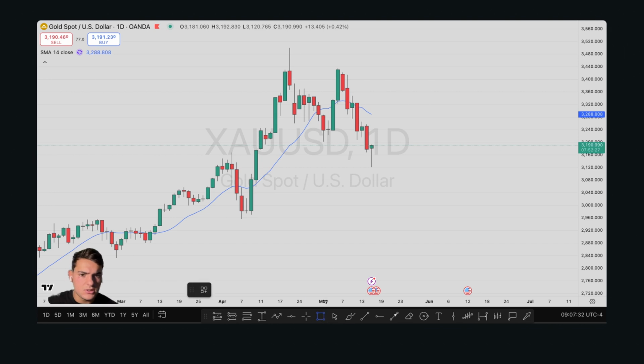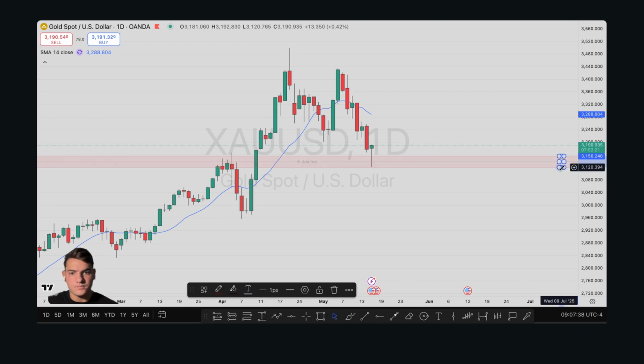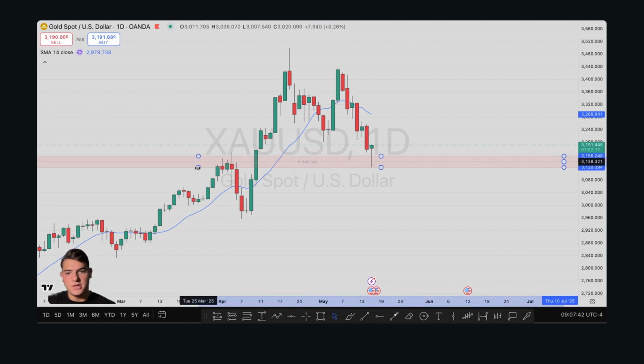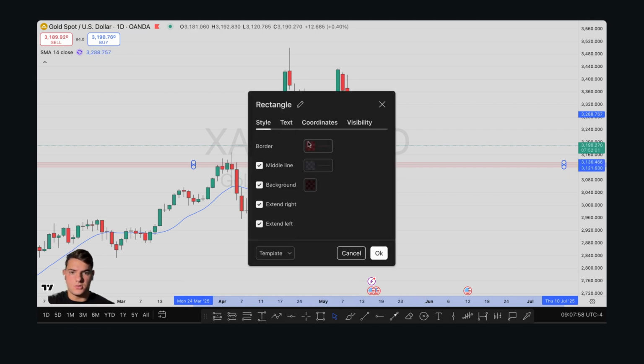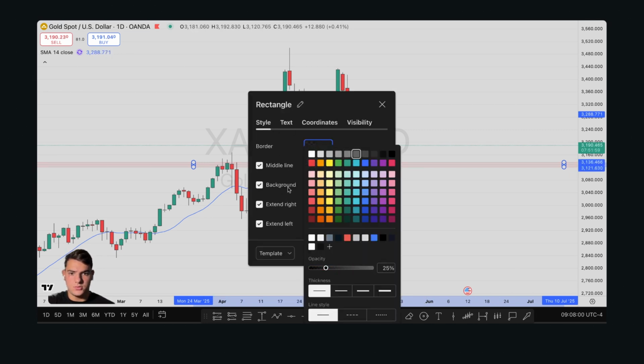So this is basically 3120 to 3160. This is a 40 pip range. I don't usually do ranges this big, but I'll draw it out to here and then somewhat over here, or if we go down to the bottom of the wick. I'll change the color as well to possibly gray.